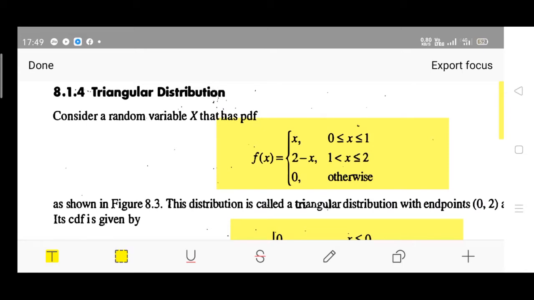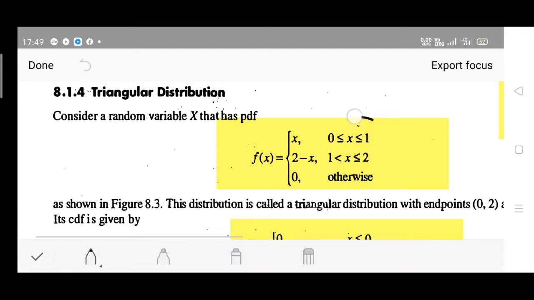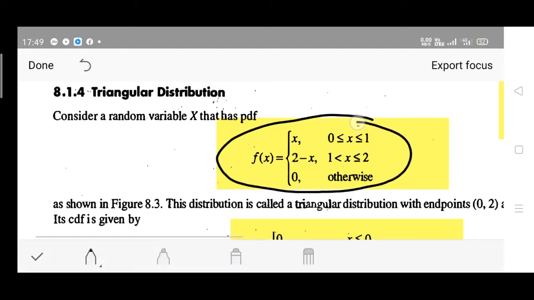Consider a random variable x that has a probability density function, PDF, small f of x, equal to x where x lies between 0 and 1, and 2 minus x where x lies between 1 and 2, otherwise 0. Two different ranges we are considering.